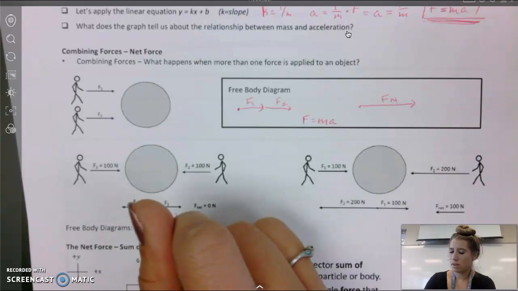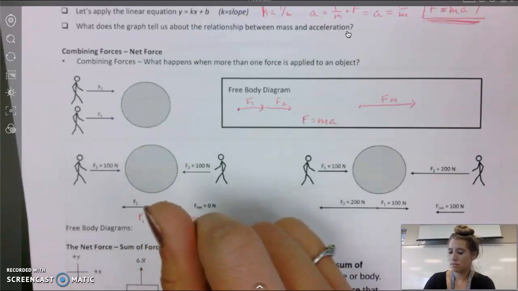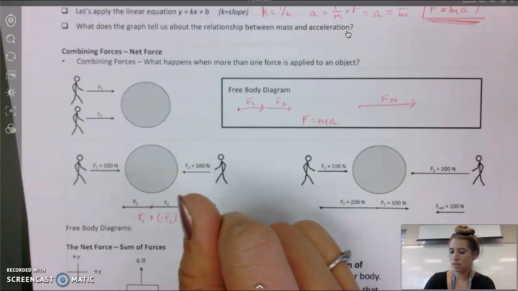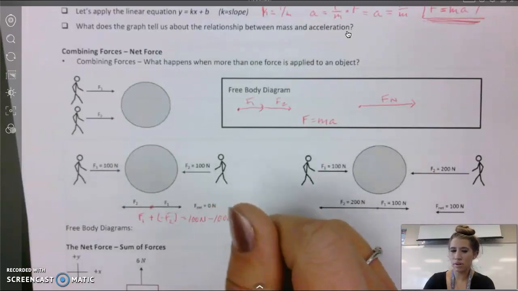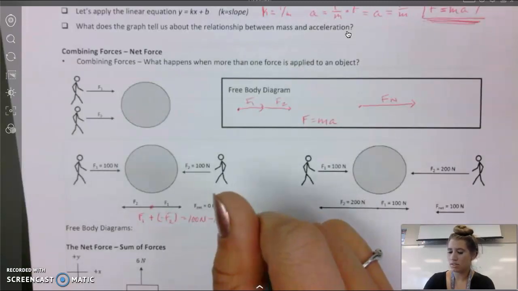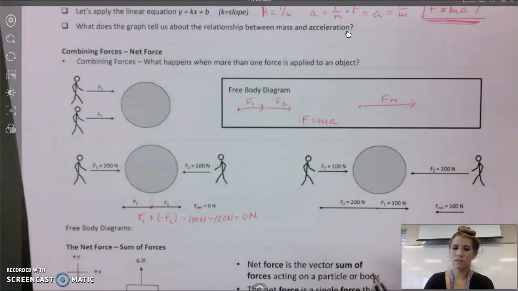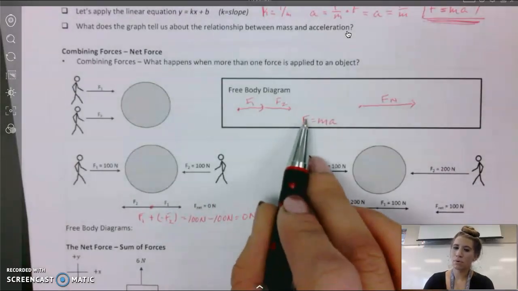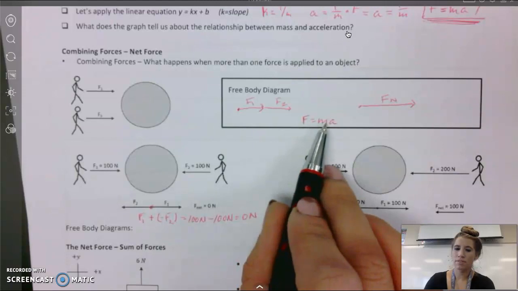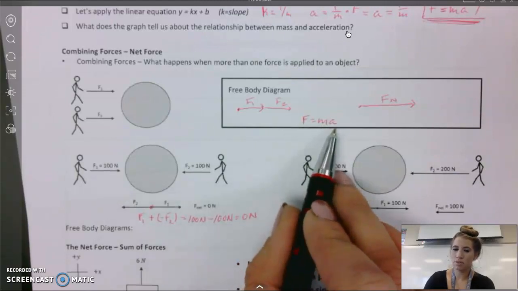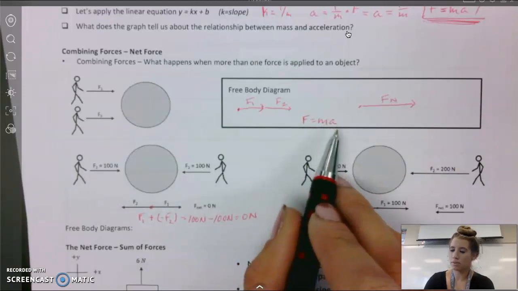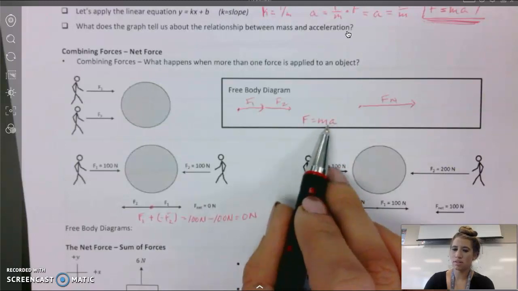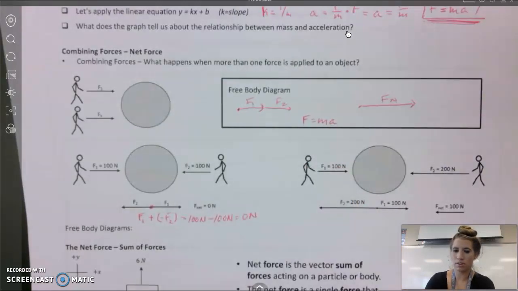So that would be 100 newtons minus 100 newtons. And so my overall net force, adding them together, is just 0 newtons. So when my force is 0 and we have some mass, then the acceleration is 0 as well, because 0 times anything will equal 0.